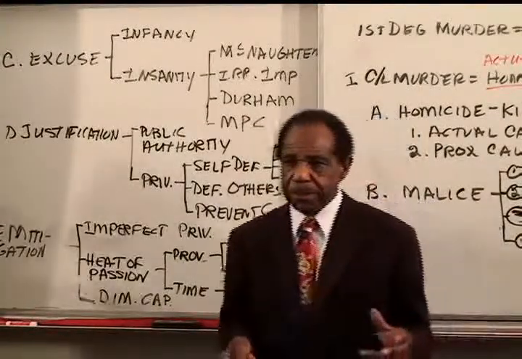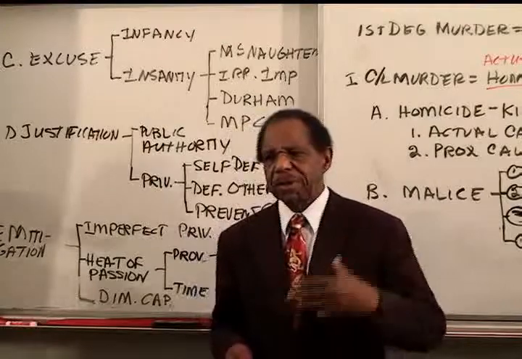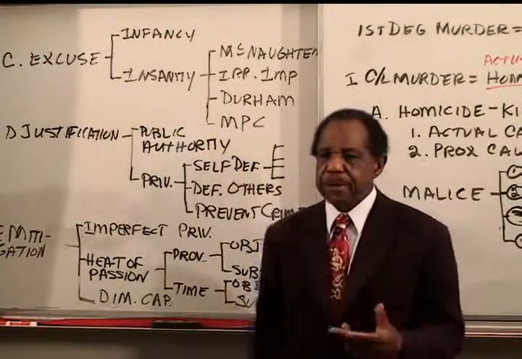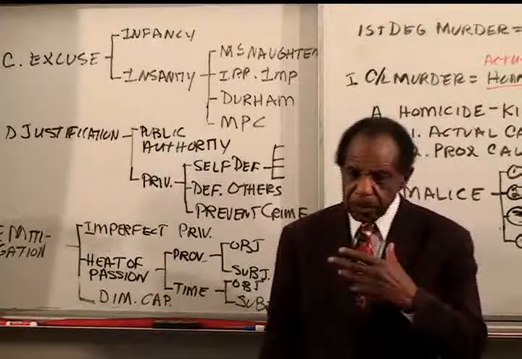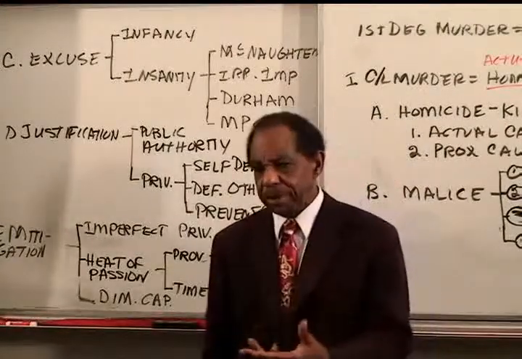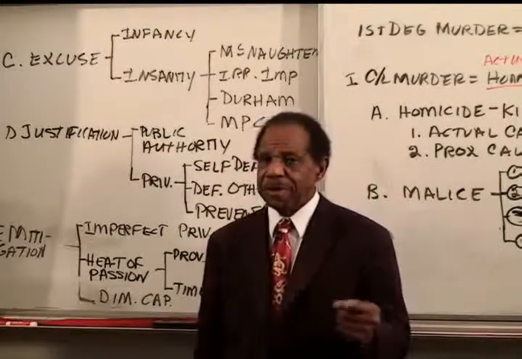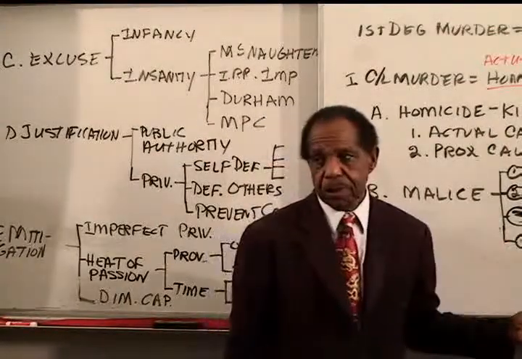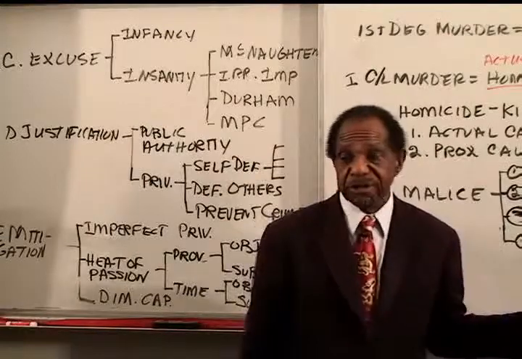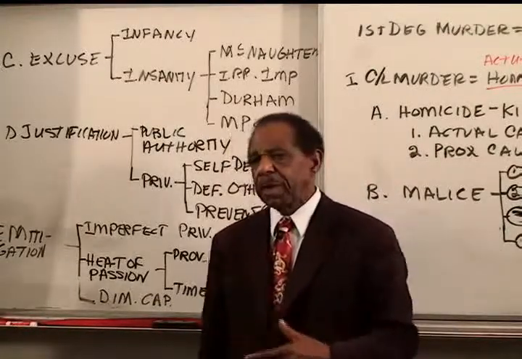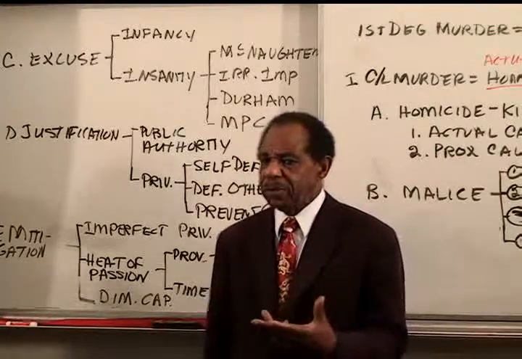The Model Penal Code says, if as a result of a mental disease or defect, the person is unable to appreciate the wrongfulness of their conduct, unable to appreciate rather than did not know it was wrong. Did not know it was wrong is very crazy, but unable to appreciate it is a little softer. Or if the person is unable to appreciate what they were doing.